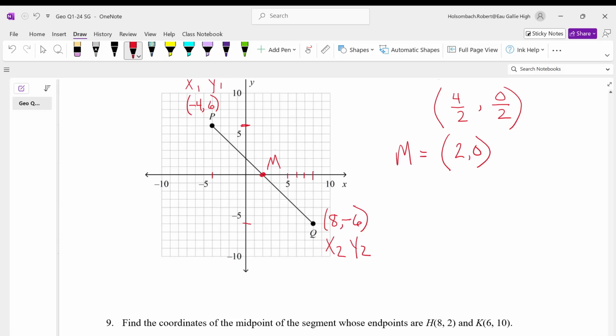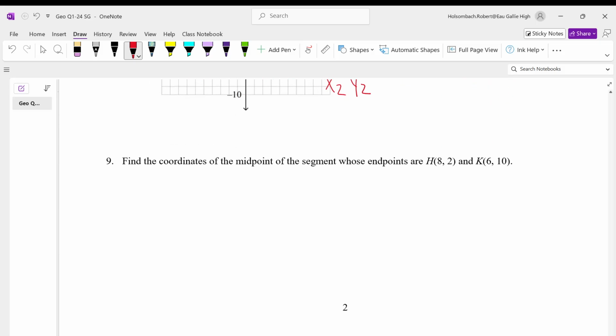All right, and we got one last problem to do here. You're asked to find the coordinates of the midpoint of the segment whose endpoints are given. You don't even have to look at a graph now. Here's your x sub 1, y sub 1, and here's your x sub 2 and your y sub 2.